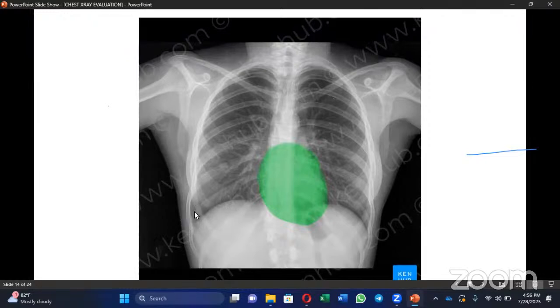This angle is the costophrenic angle. In the case of a cardiophrenic angle, it is formed by the heart border and the diaphragm. So this angle, let me try to annotate.